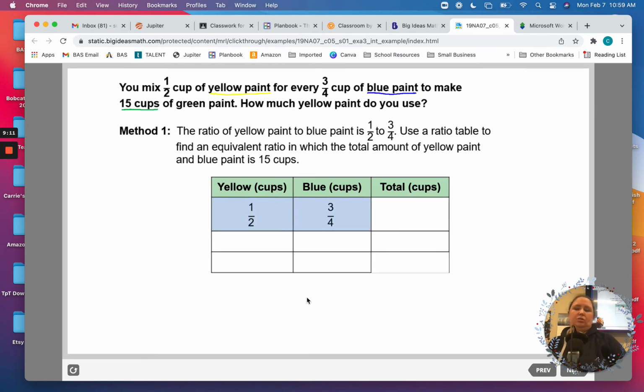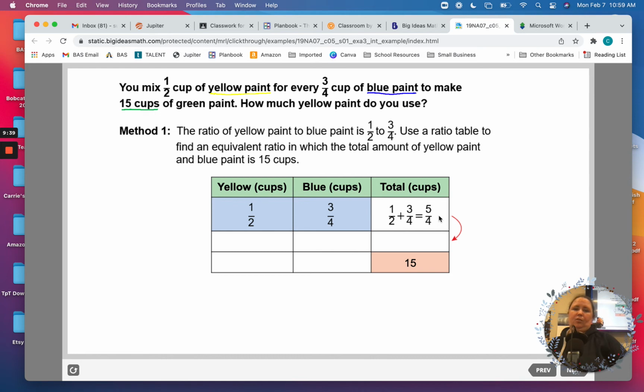So let's make our little table. Put this in your journals. Yellow cups to blue cups, and our total cups is going to be, what's 1/2 plus 3/4? 5/4. Very good. Okay, so now we know once we have mixed it, we want a total of 15 cups. All right, so let's fill in the missing fractions.